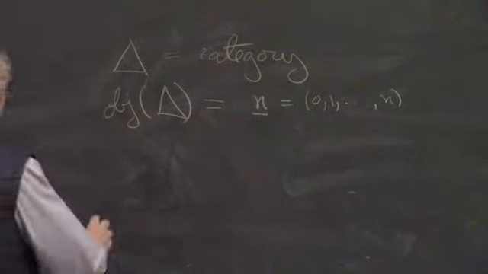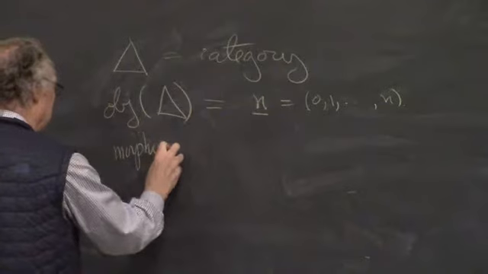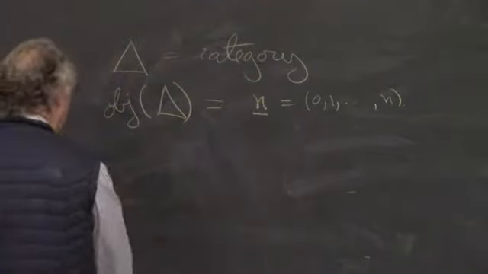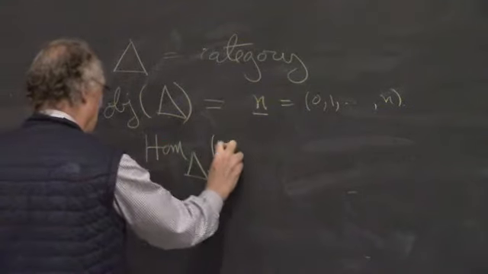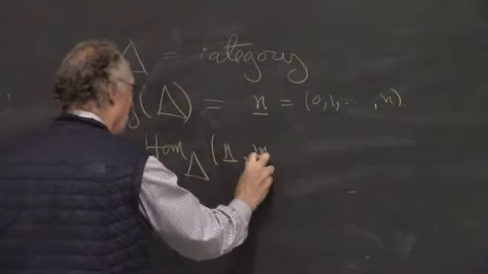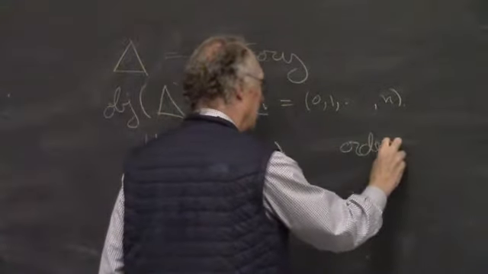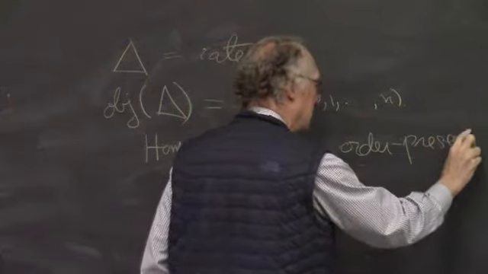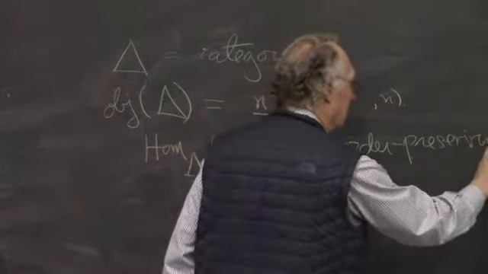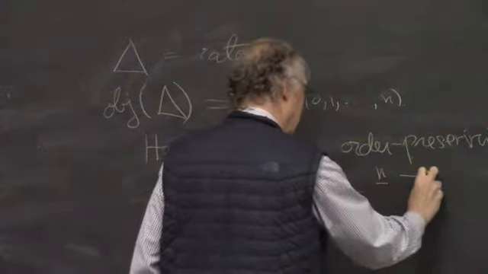The morphisms: I should say Hom in this category, N to M, are order preserving functions from N to M.